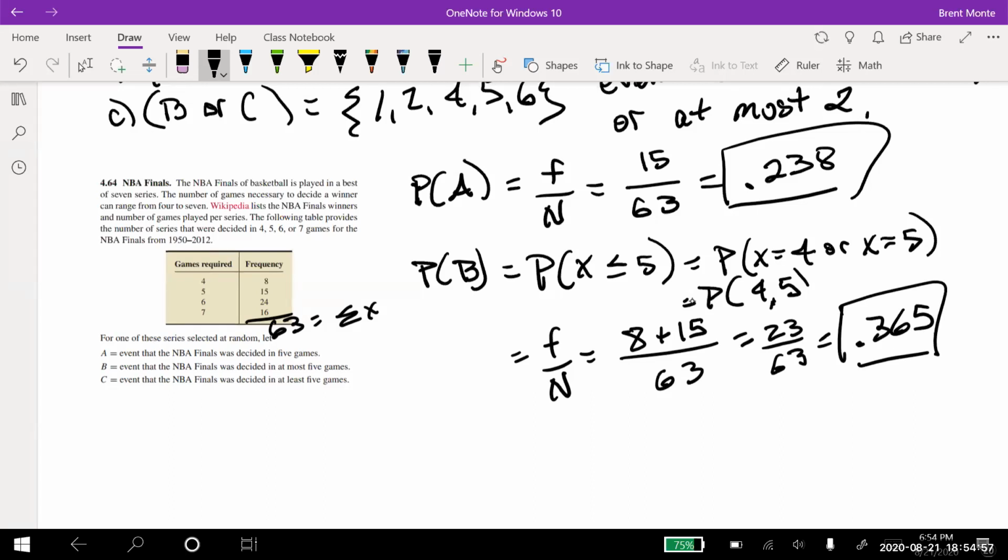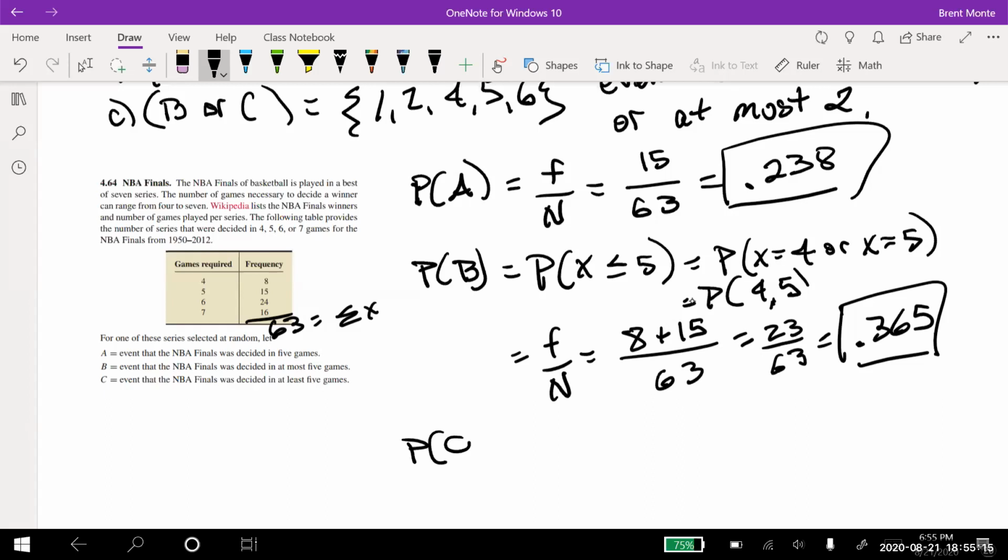Sometimes they want the exact percentage, so you'd leave it as a reduced fraction, but oftentimes they'll just have you round it off. Again, I like the decimal in these because the 36.5% makes more sense to me than 23 out of 63. I don't really have a good feel for that unless I do the math.